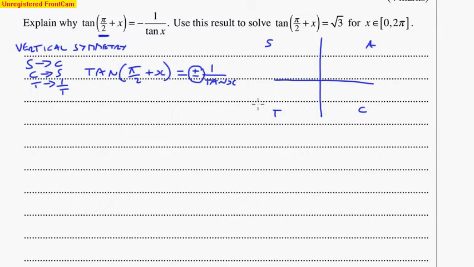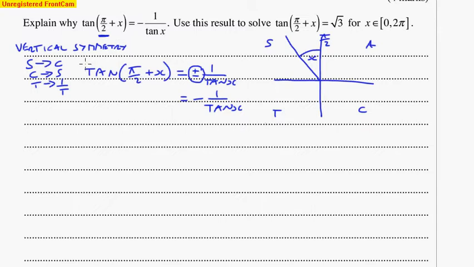We must mark in where we are. Now the angle pi on 2 is the vertical line there, and plus x will put us into this quadrant here. That's x, and in this quadrant only sines are positive, everything else is negative, so I know that I will have negative 1 over the tan of x.